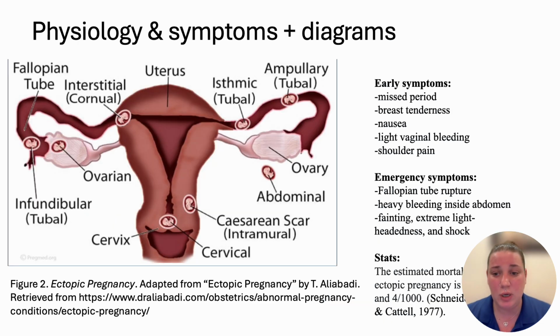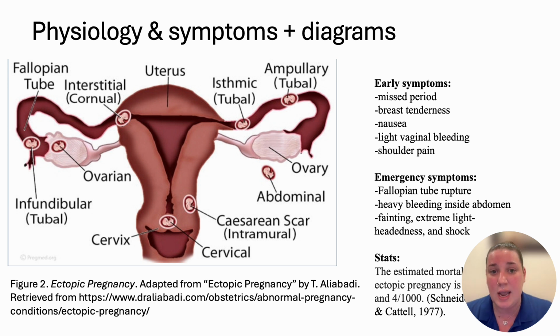For this slide, we'll be going over the physiology and symptoms as well. So again, in the previous slide, I went over the four different parts of the fallopian tube. But you can see in the figure on the left, there is a diagram where you can see what looks like a fertilized egg. And it's kind of going over the other types of ectopic pregnancies.